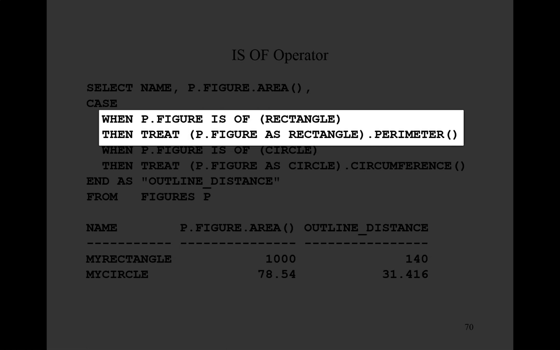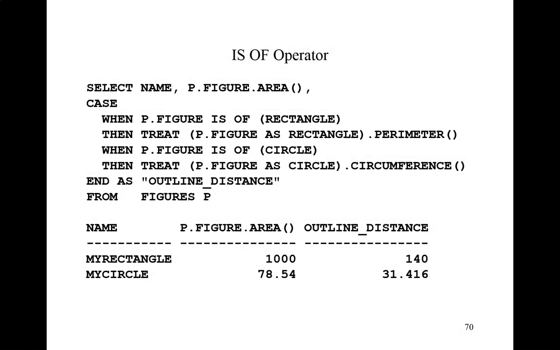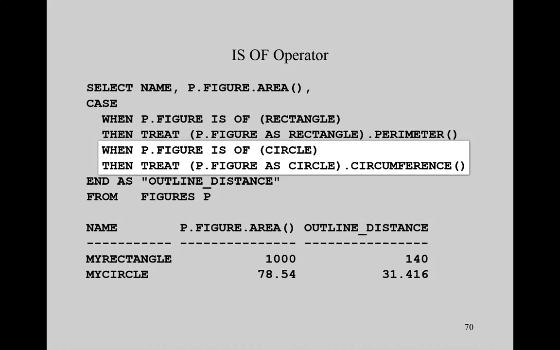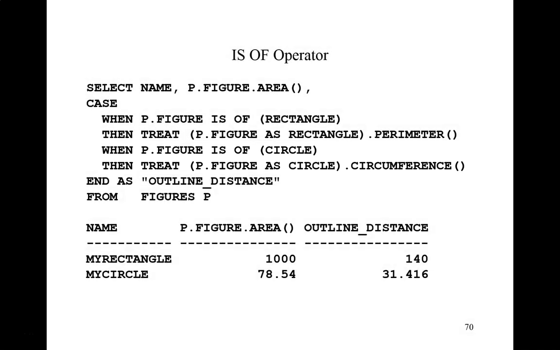Remember that that method applies only to rectangles. When the figure is a circle or is of the circle type, we treat the figure as a circle and invoke circumference, the method that is unique to circle. And you see the result presented here.